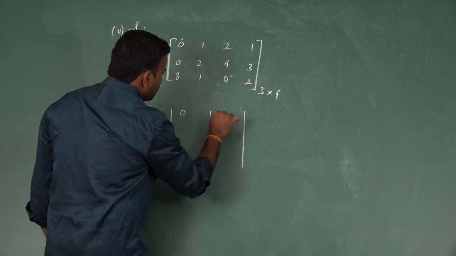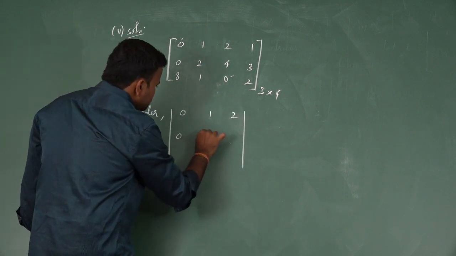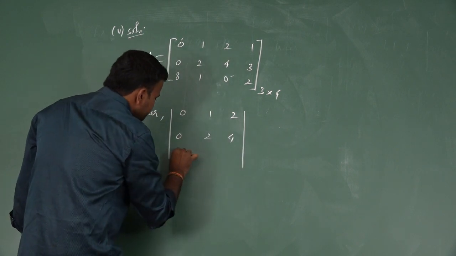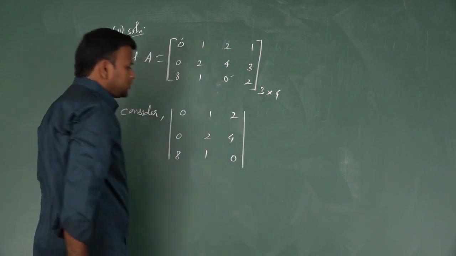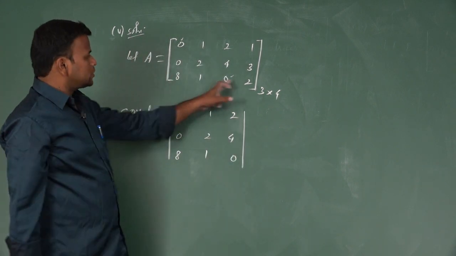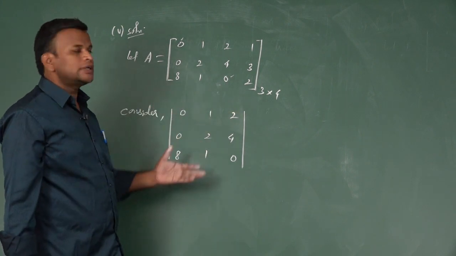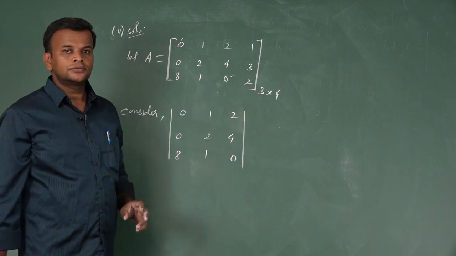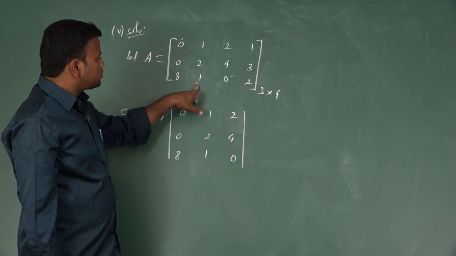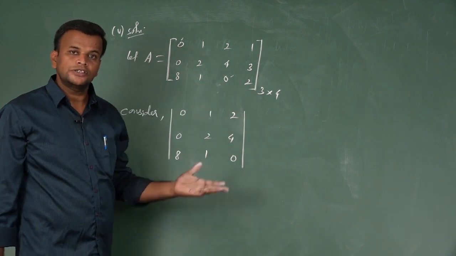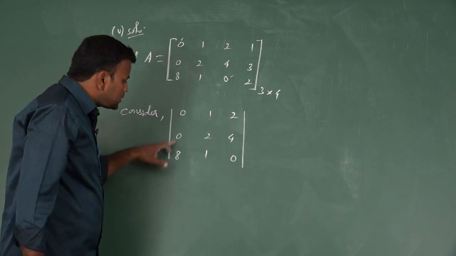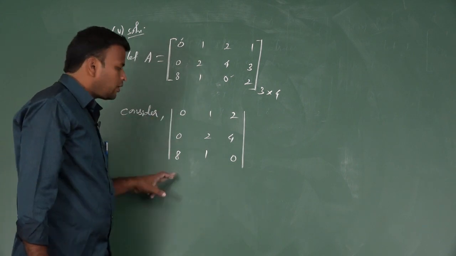0, 1, 2. 0, 2, 4. 8, 1, 0. I consider the first 3 columns. Or a student may consider 2, 3, 4, or 1, 2, 4, it is your choice. But you don't change the order of the elements; the elements should stay in order.